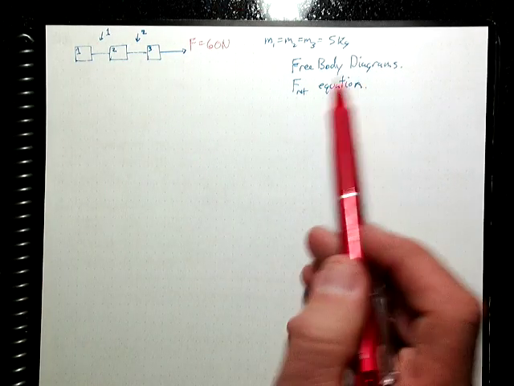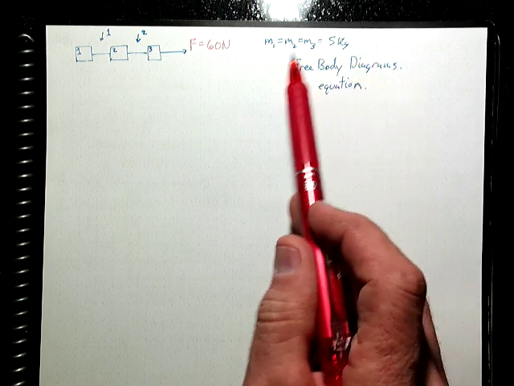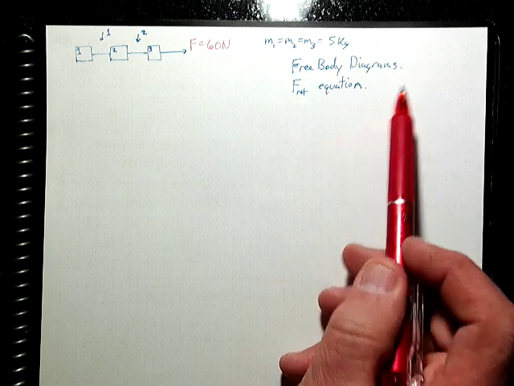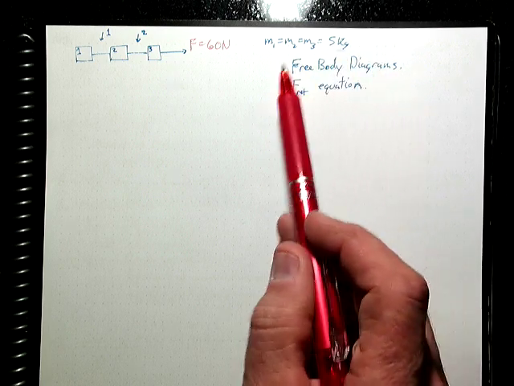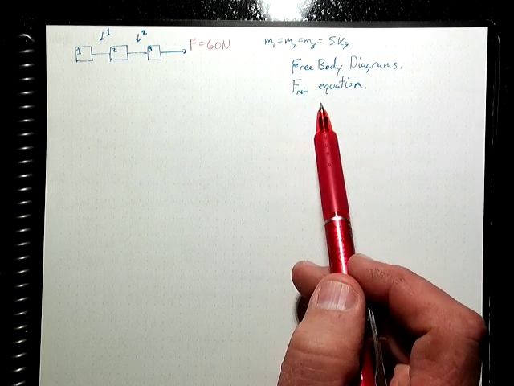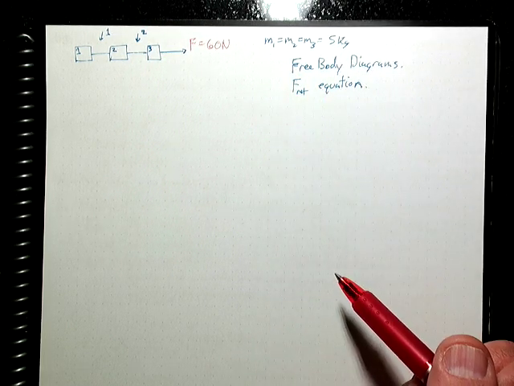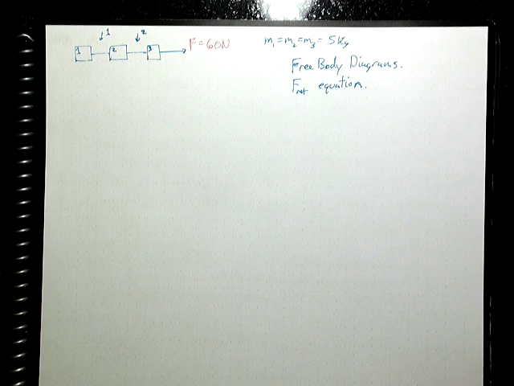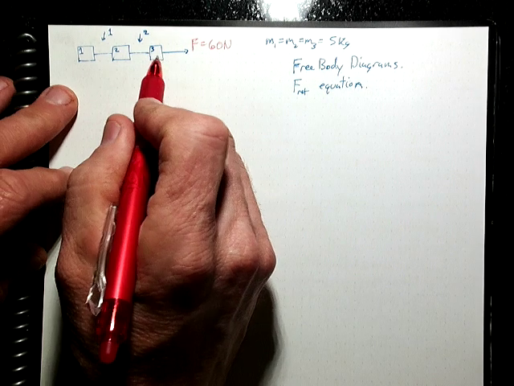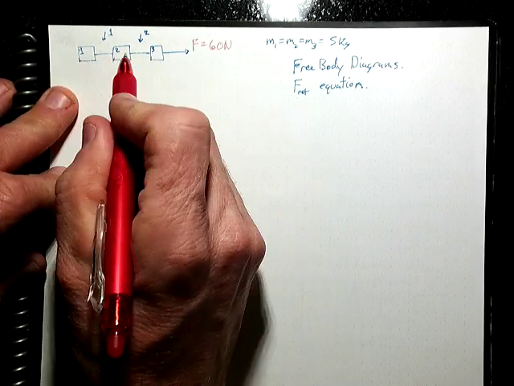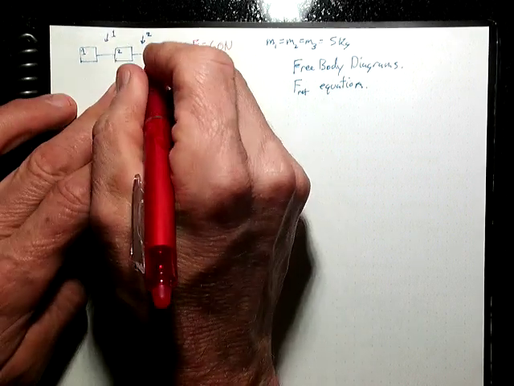So again, these are important. These are the two most important things you can learn, in my opinion, all semester long. How to draw a good free body diagram and how to set up an F-net equation based on that free body diagram.